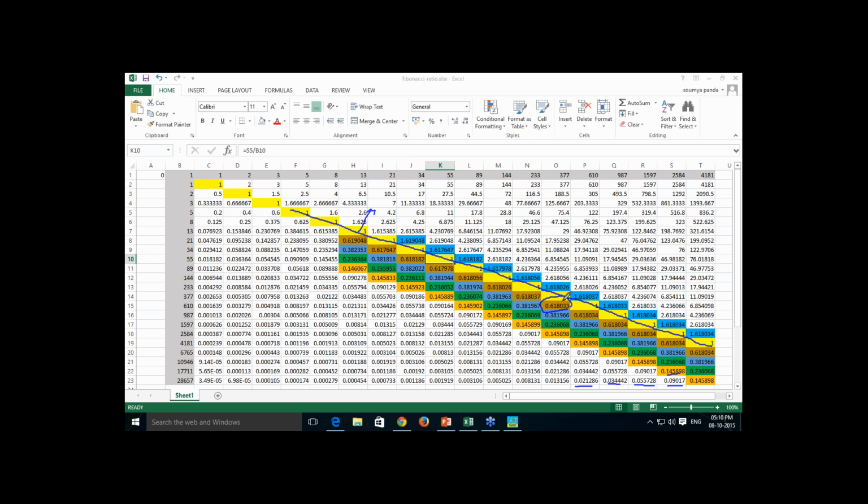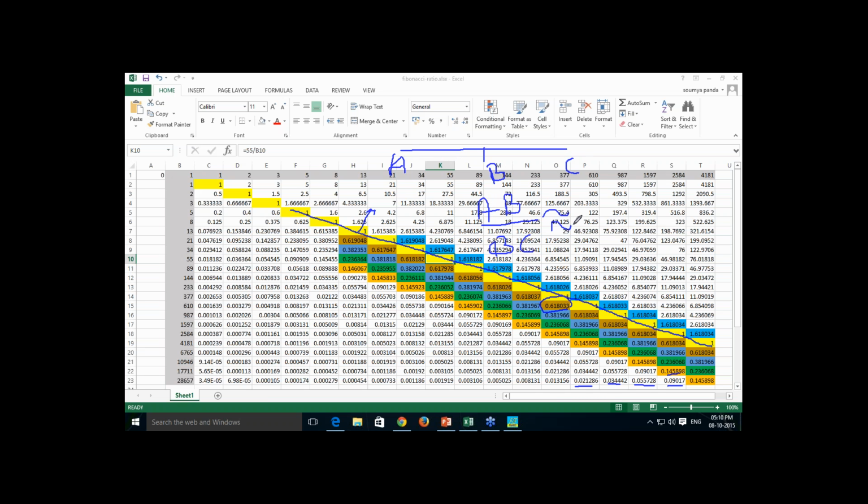What is the concept behind this? Suppose you are taking a straight line and you are naming it A, this is B and this is C. If you are taking AB divided by BC, you are just taking 3 points on a straight line and you are dividing AB by BC.